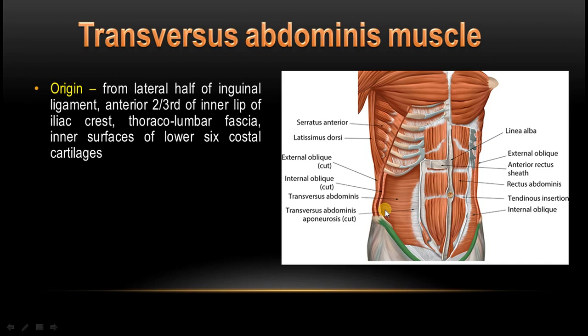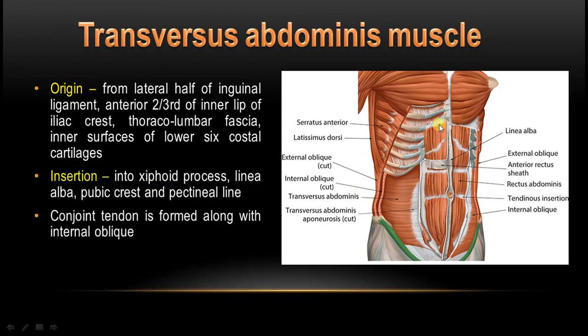Now it is too early, and without knowing the posterior abdominal wall structures, it is difficult to understand the thoracolumbar fascia. So, it is inserted into the xiphoid process, linea alba and the pubic crest.